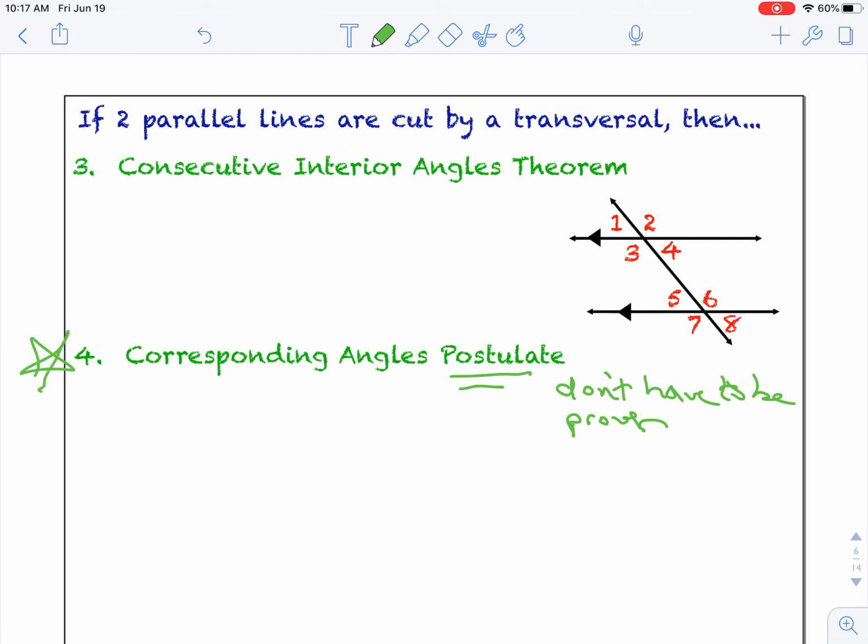So later on, when we do proofs, we're going to always go back to this corresponding angles postulate to prove the consecutive interior angles theorem or alternate interior angles theorem. But if you do have these two parallel lines, again, marked that way, cut by this transversal right here, then the corresponding angles are congruent.